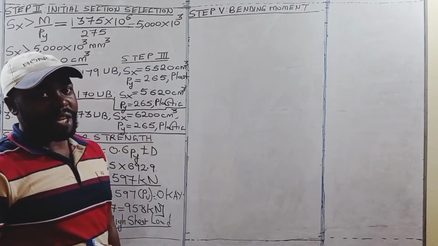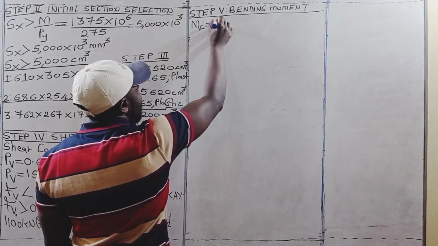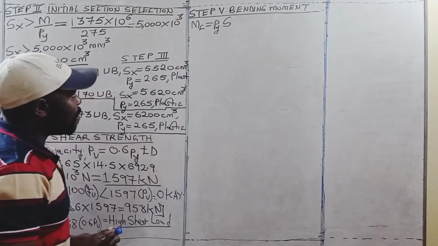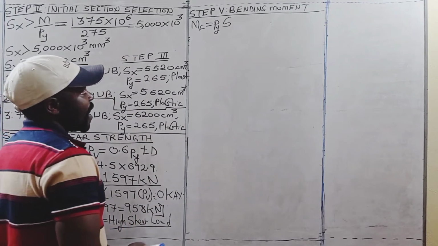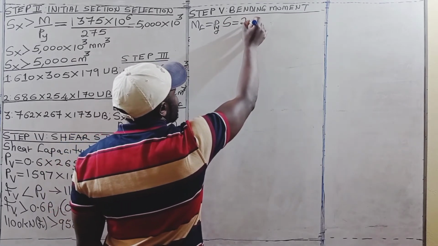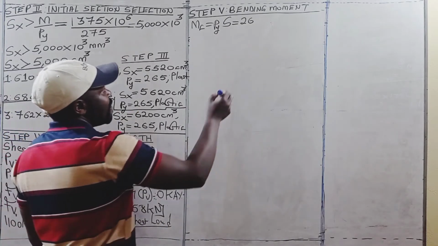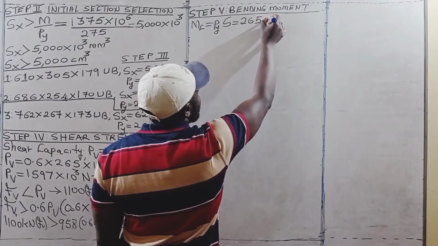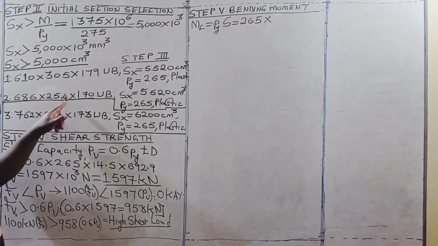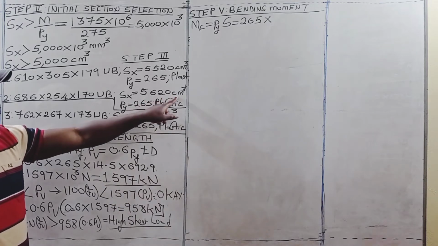And we know that the moment capacity is given by the design strength of steel times the plastic modulus of the selected section. And in this case, the design strength of steel, especially the section we are dealing with, is 265 newtons per square millimeters multiplied by the plastic modulus of this section, section 2 that we are working with, of 5620 cubic centimeters.